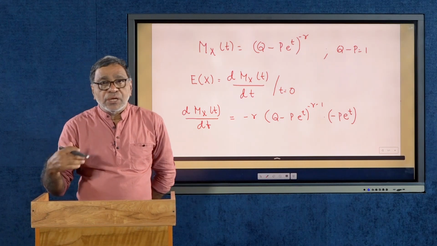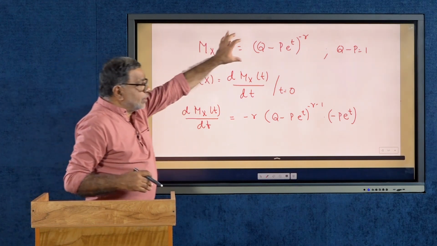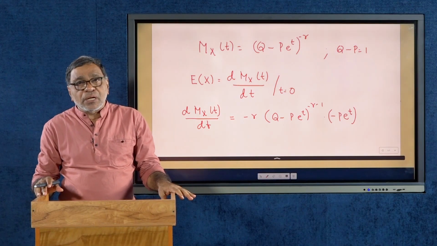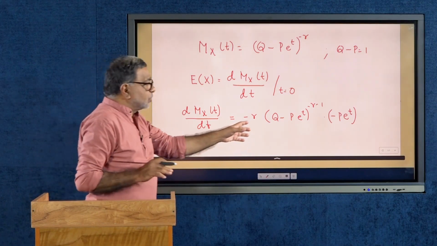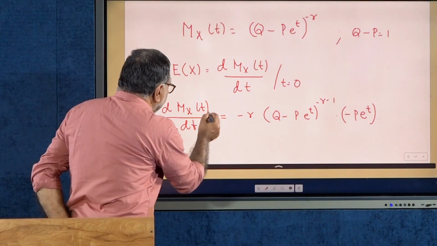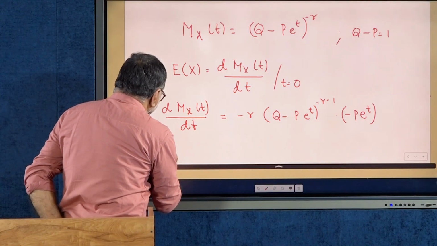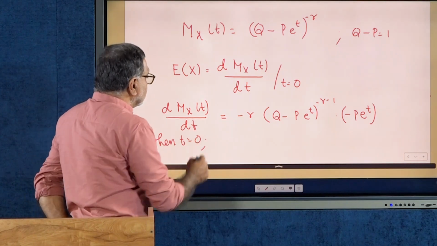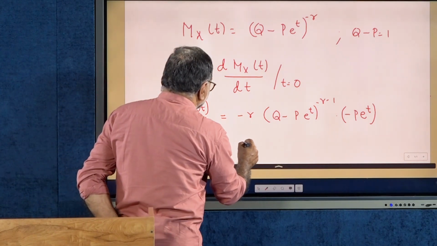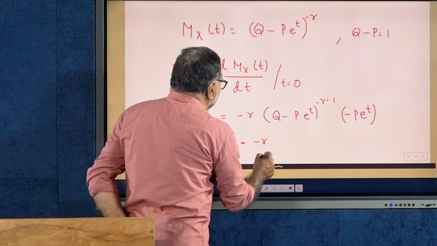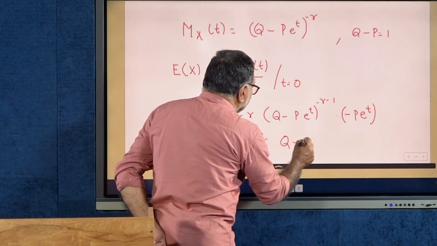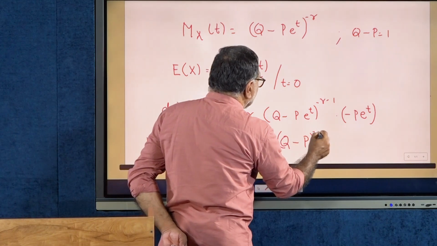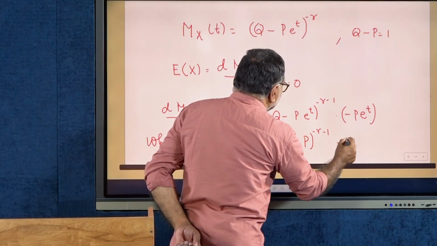So, when we are differentiating the moment generative function (q minus p e power t) all power minus r with respect to t, we have this expression. And when t is equal to 0, this expression becomes minus r into (q minus p) power minus r minus 1 into minus p.